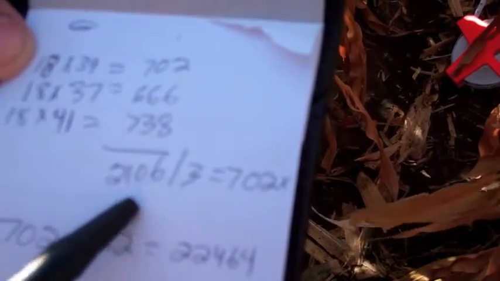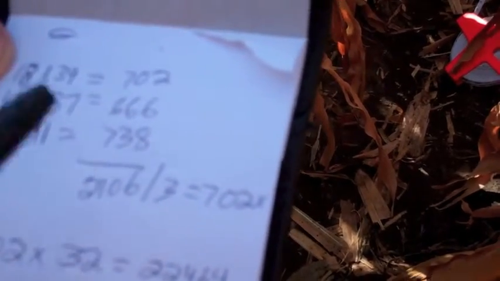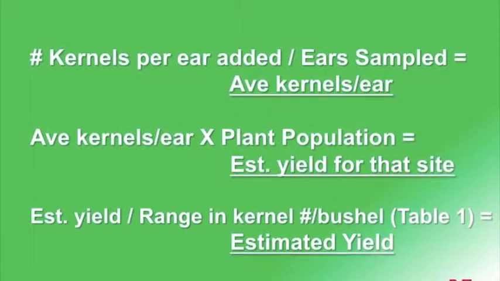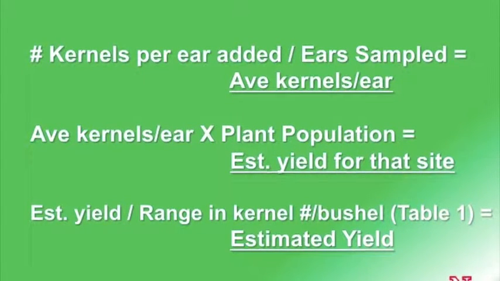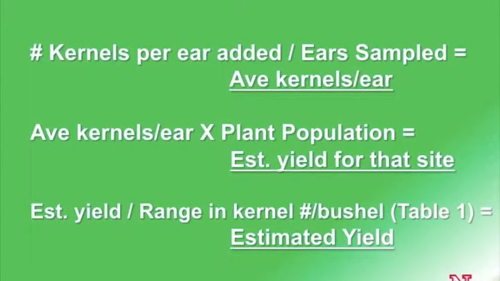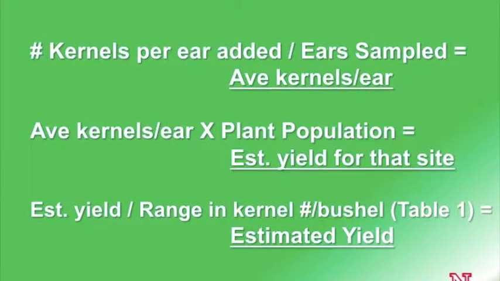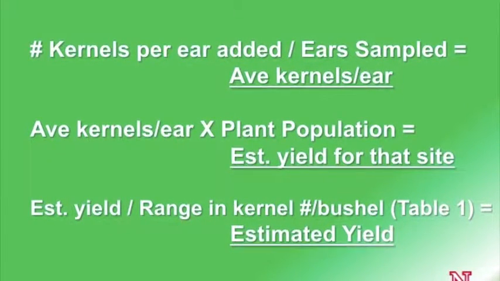After we've done that with each ear, we total them all up and divide them by the number of ears that you counted to give you the total number of kernels. For this example, we had an average of 702 for our number of kernels. So that gives us our total number of kernels within that 17 feet 5 inches, or basically that 1/1000th of an acre. But we want to determine yield.